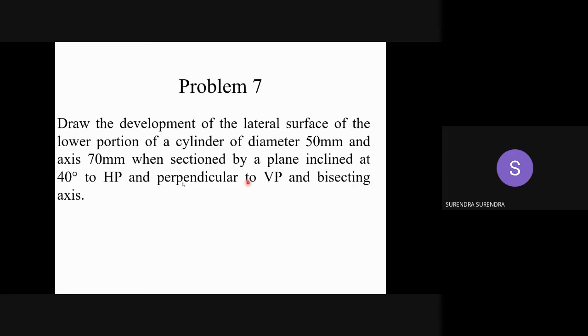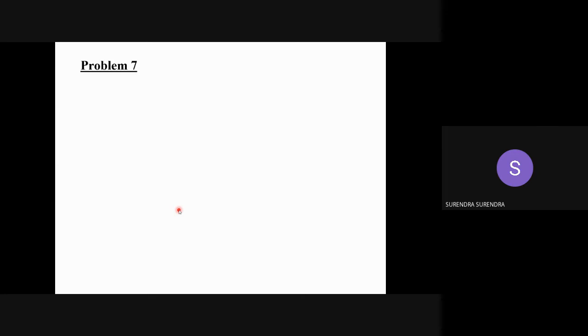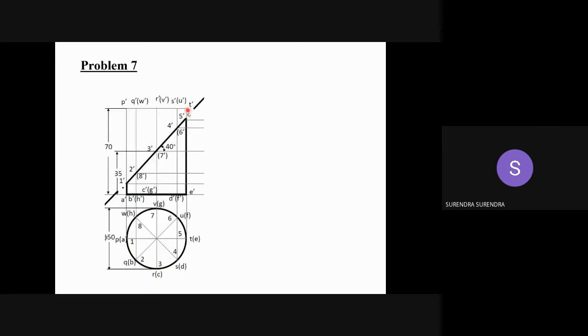So here the things we have to remember is the shape of the object, cylinder with diameter 50 mm and axis 70 mm long. It is cut by a section plane at 40 degrees inclined to HP and perpendicular to VP, bisecting the axis. So draw the cylinder with the initial view position, base on HP, top view as the true shape, front view.